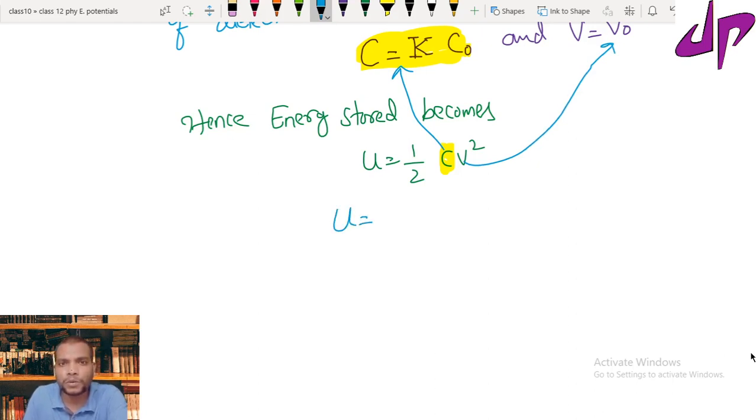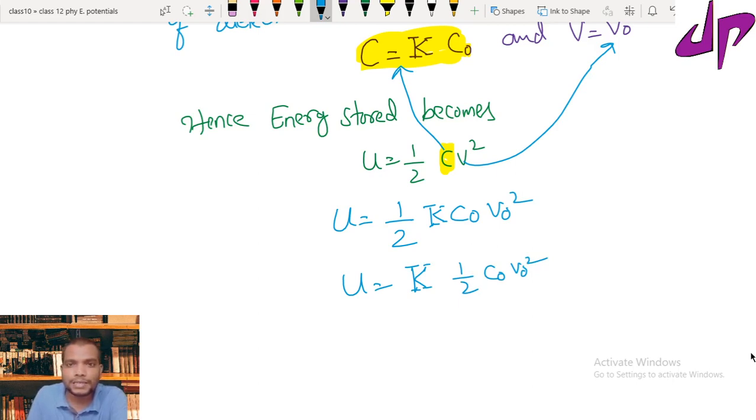Therefore, the electrical potential energy is half K times C naught times V naught square. Here K is kappa. So U equals kappa times half C naught V naught square.